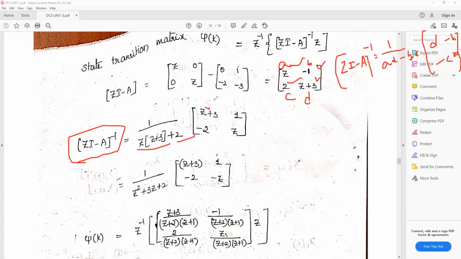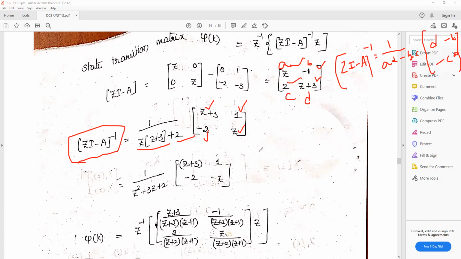D is z plus 3, minus of minus 1 is 1, minus of 2 is minus 2, and z. So [z plus 3, 1; minus 2, z] with 1 by z square plus 3z plus 2.